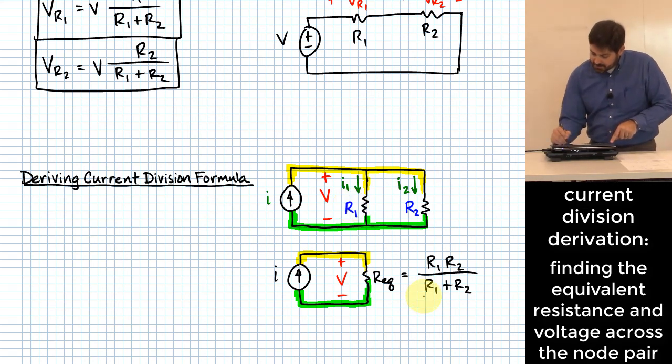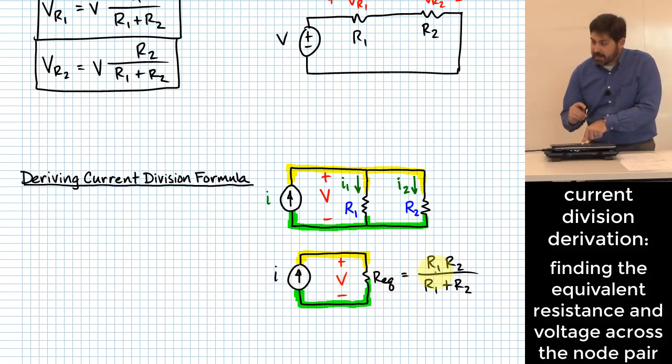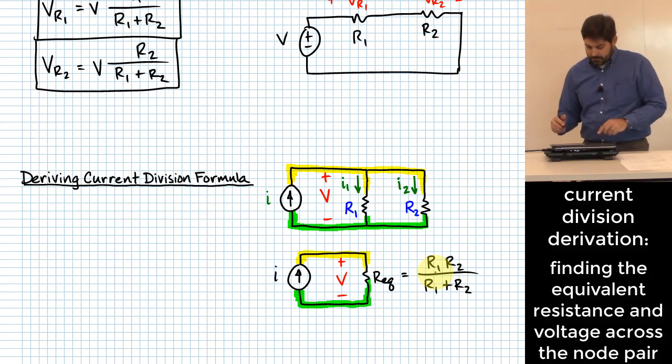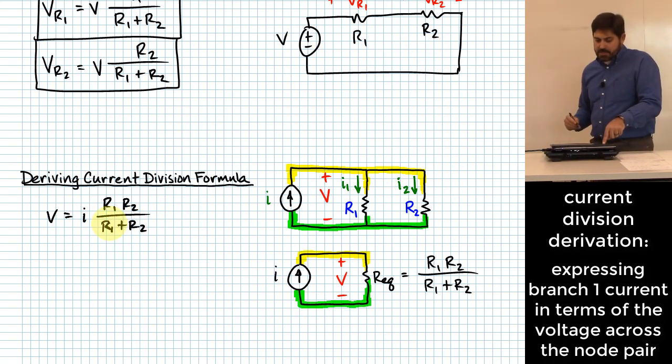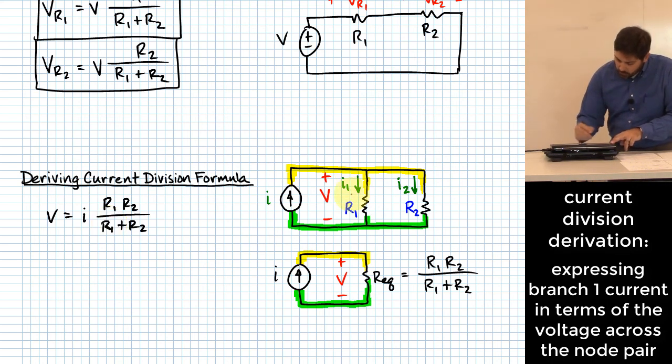What would that voltage be based on me knowing I and Req? V is going to be equal to I times Req, R1, R2 over R1 plus R2. But we just said a second ago that I1 is going to be equal to V over R1.